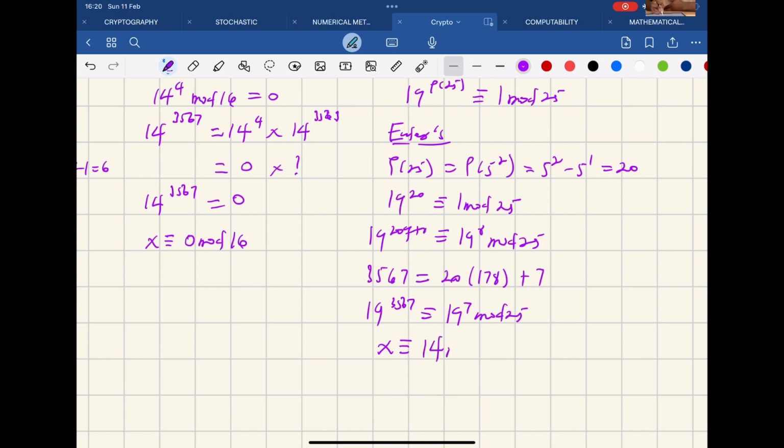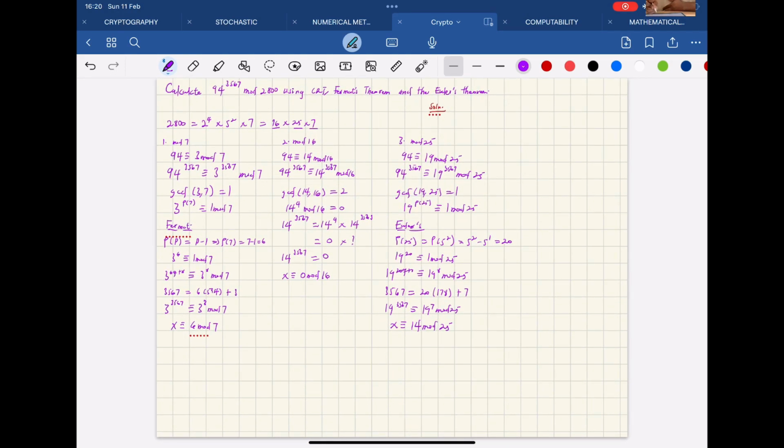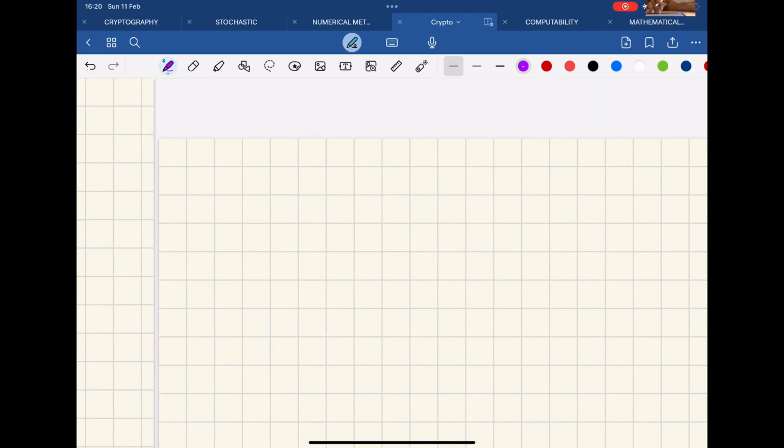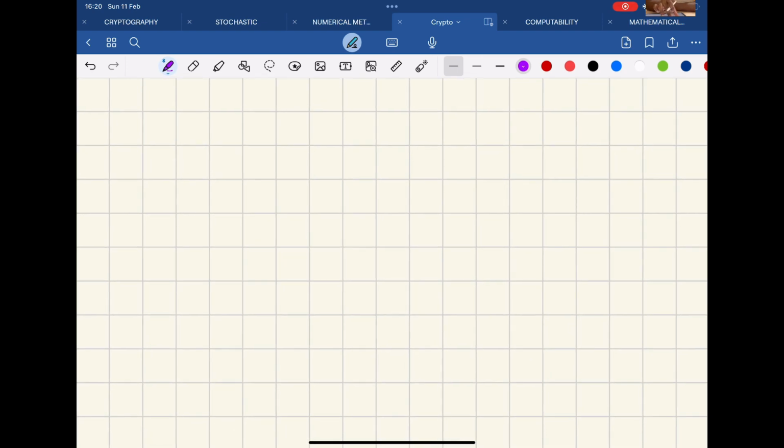And 19 exponent 7 mod 25 is 14. So our third congruence will be 14 mod 25. After using the Euler and Fermat theorem, that is when we go ahead to use the Chinese remainder theorem.